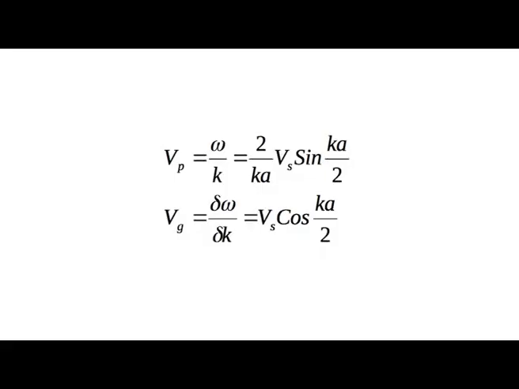And what will happen at a higher frequency, or in a general situation? Again we calculate the phase velocity and the group velocity, and here you will see a difference. The phase velocity is equal to 2 by k into Vs into sin k by 2, whereas the group velocity, delta omega by delta k, is equal to Vs cos k by 2.